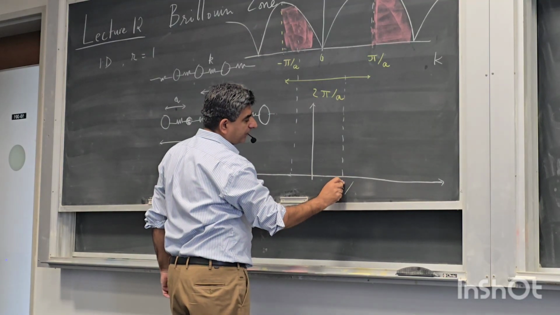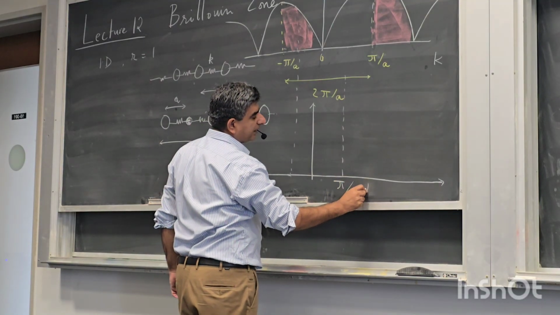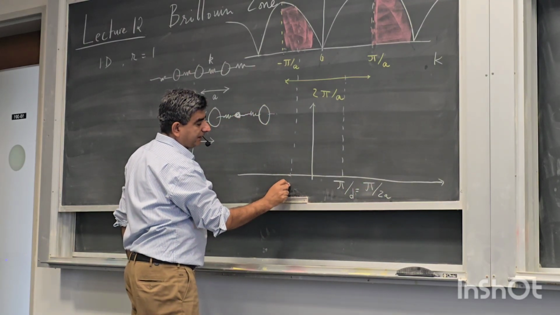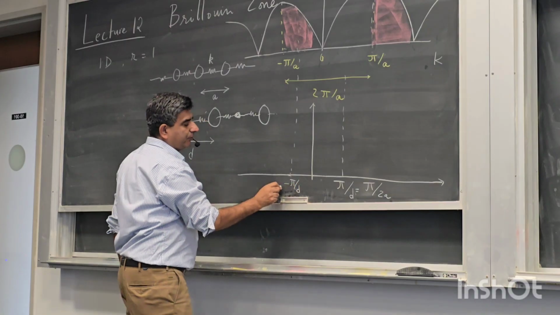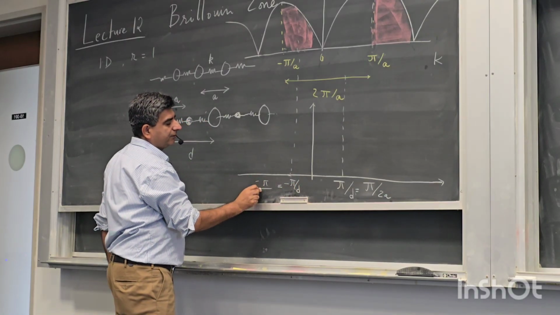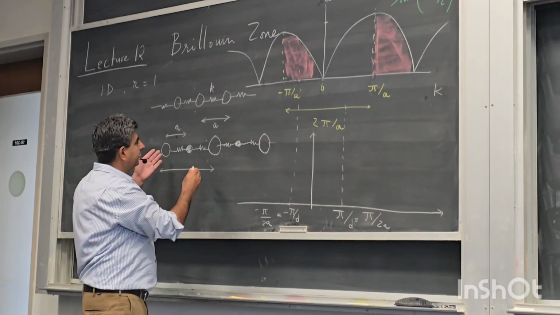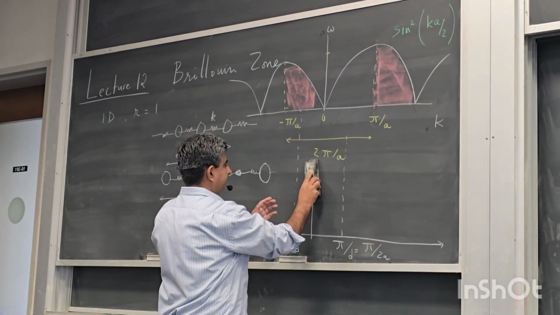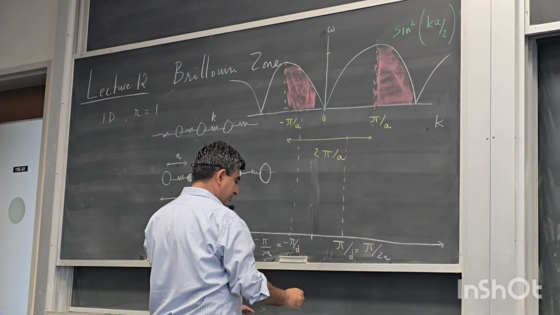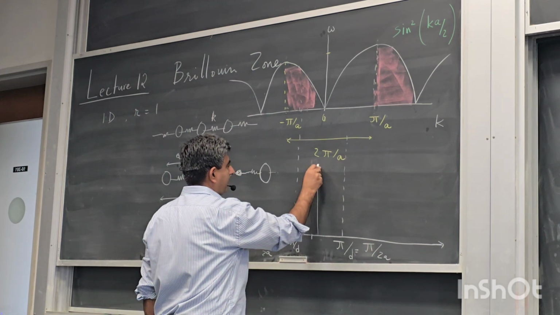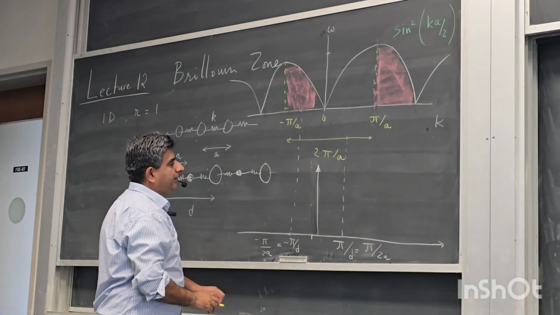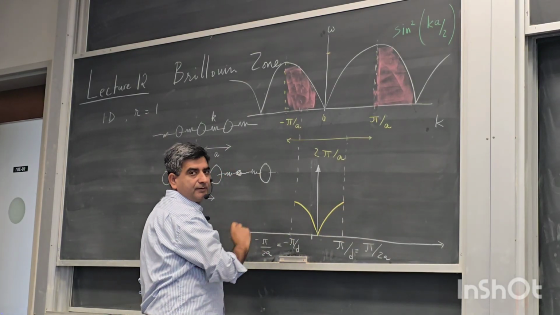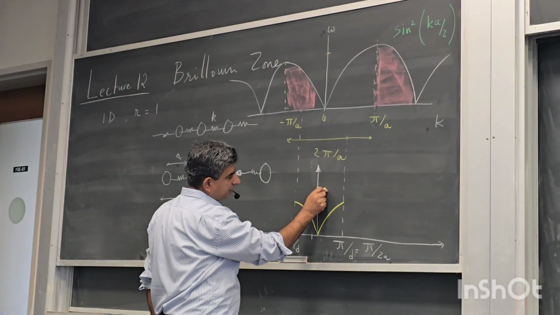So this is pi over d, which is pi over 2a, and this is minus pi over d, which is equal to minus pi over 2a, since d is twice the length of a. So I get a periodic dispersion relationship, and I get this branch here called the acoustic branch, and I got a branch here.